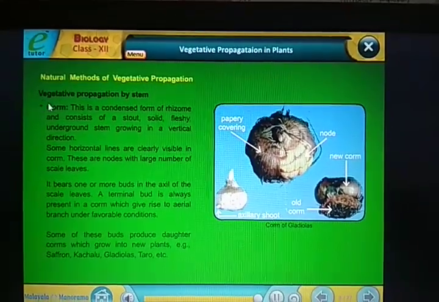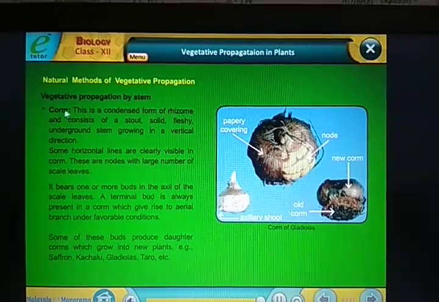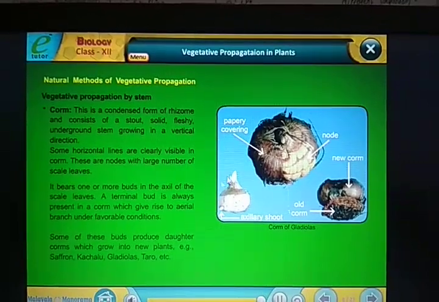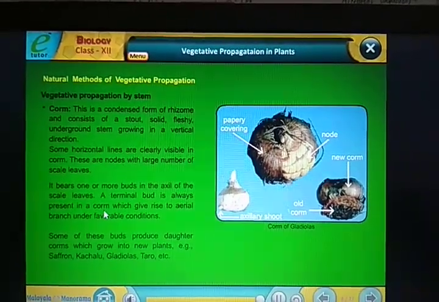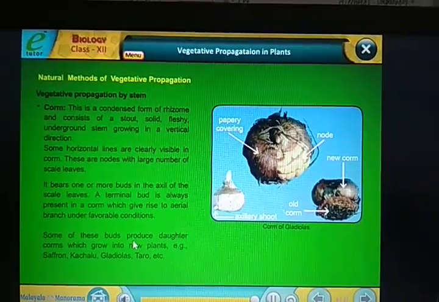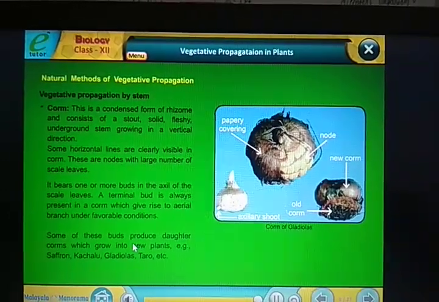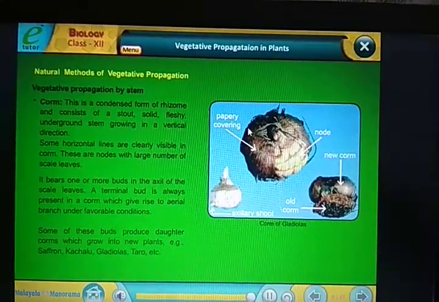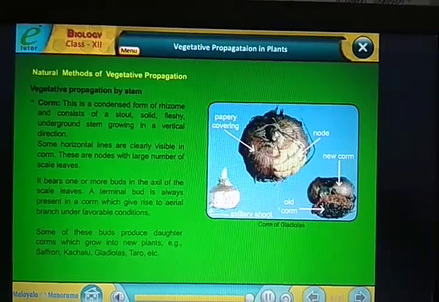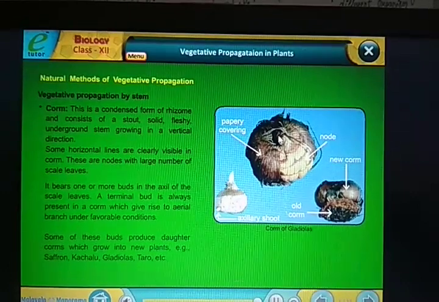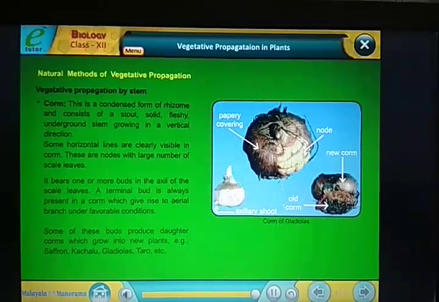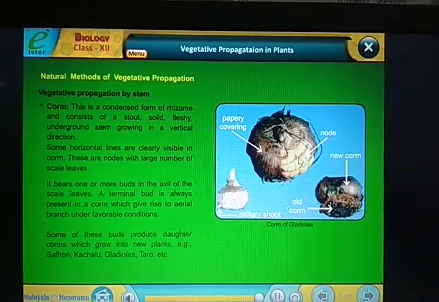This is an example of a corm, and a corm is also a modified form of the stem. It is also called ol in Hindi, and suran. The buds are present vertically, and these are perennial in nature and underground parts, modified into the stem. Here also nodes and internodes are present.